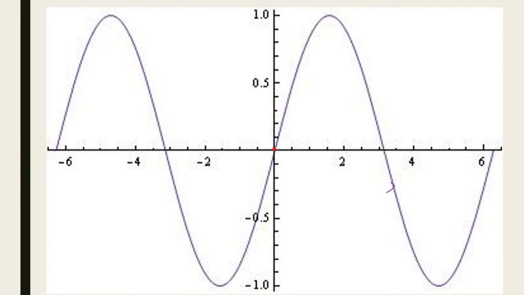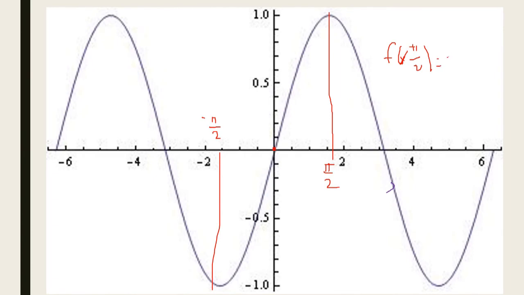So to put it technically, here is pi over 2, right? Pi over 2. And then here is negative pi over 2. So look here. f of pi over 2 is equal to 1.